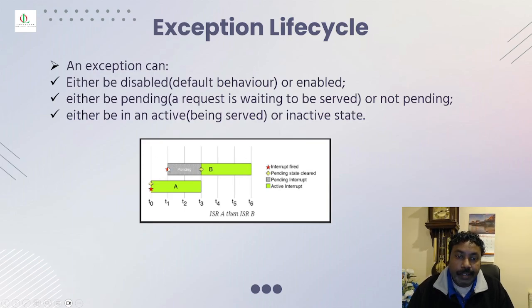Whenever an interrupt is fired, it will execute, and then if another interrupt arrives, the current interrupt depends on the priority. If B is high priority, then A will be set to pending state and then move to B. Accordingly, you can set the priority values, and move that interrupt to pending, active or inactive state. So this is the exception life cycle. This is how it works.